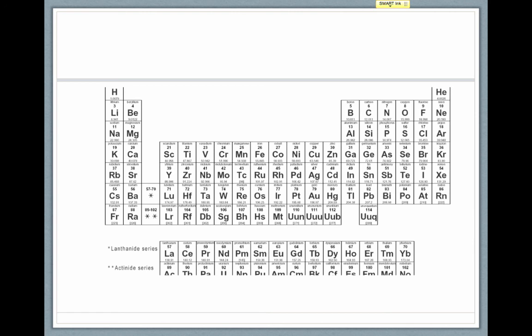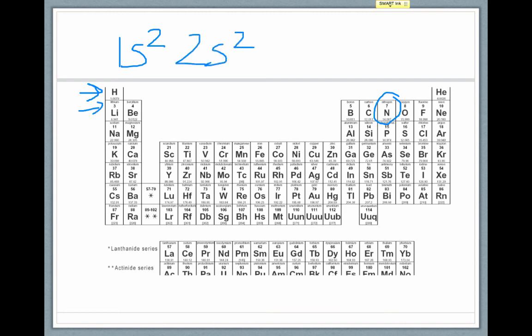So let's try putting all of these pieces together. Let's say I want to write an electron configuration for nitrogen, element number 7. I know that nitrogen has completely filled the 1s orbital, so I'm going to say 1s2. I know it's completely filled the 2s orbital, so I'm going to say 2s2.